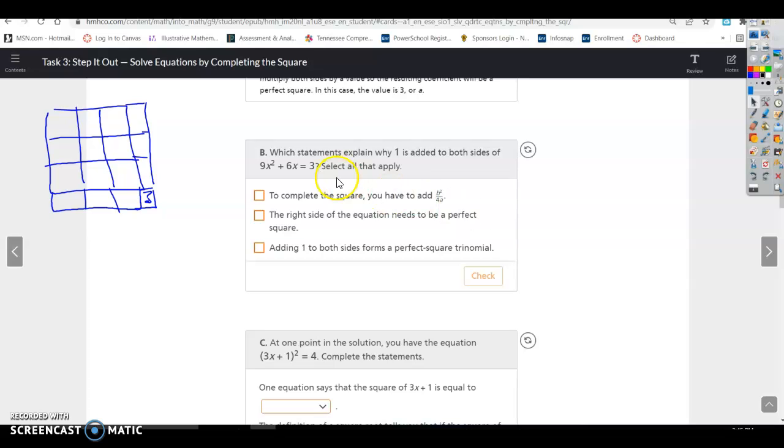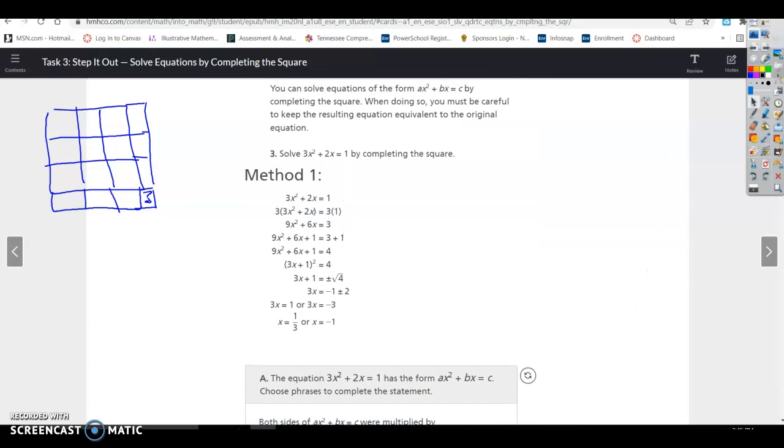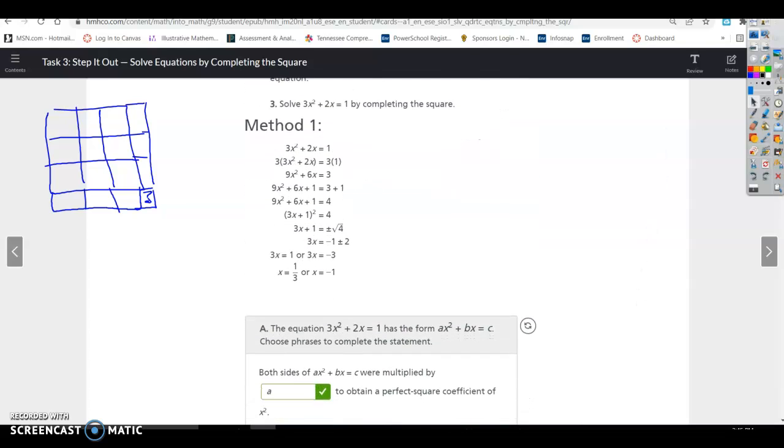Remember, I drew the picture here, but you could also do this as well. So you could also do b squared over 4a. And if you check that, b squared would be 4, and 4 times a is 12.